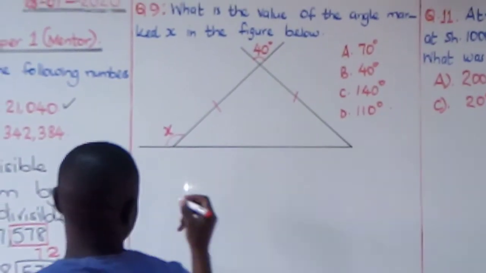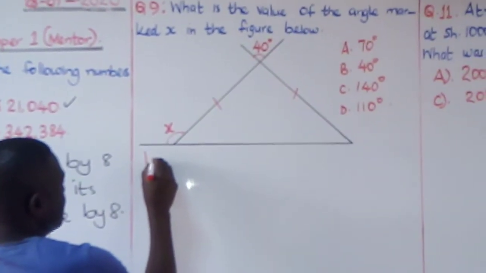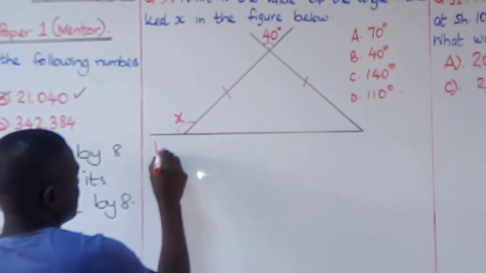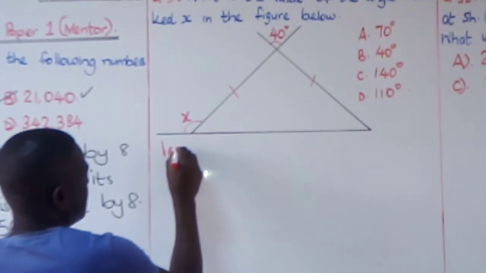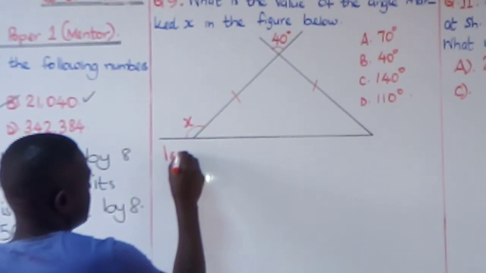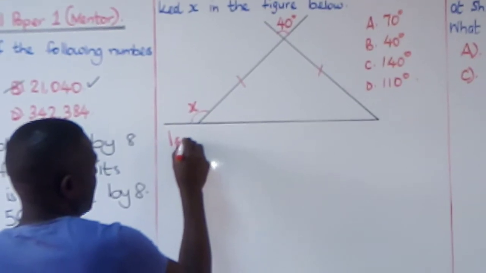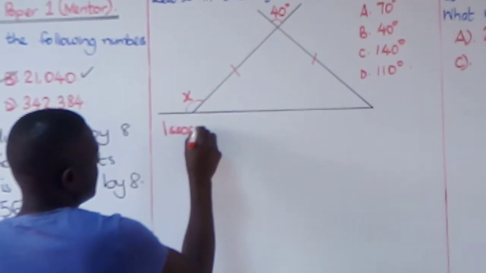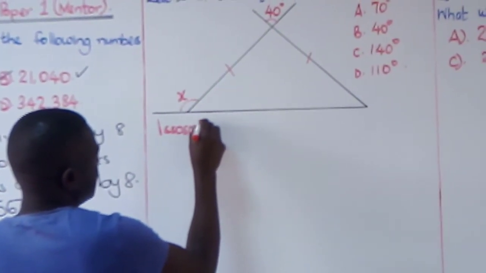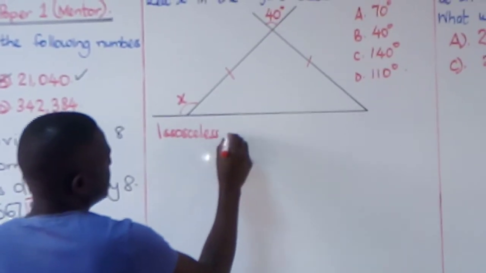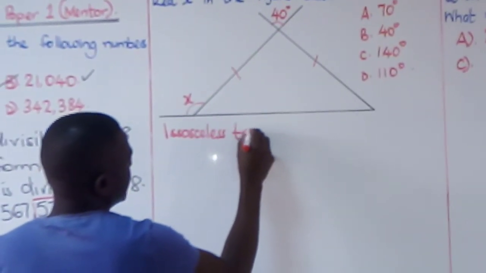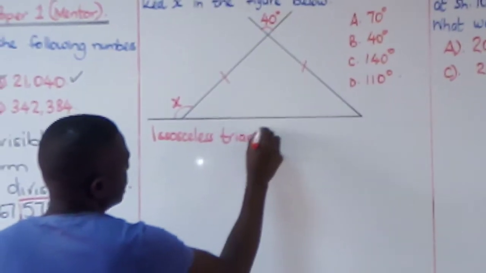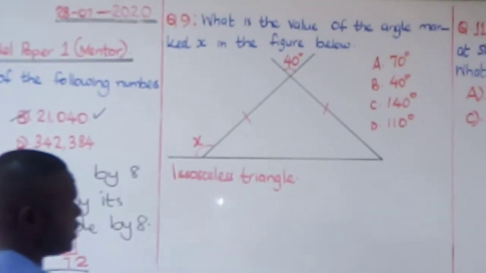Let me write here, isosceles triangle. I hope I am correct with the spelling. An isosceles triangle.